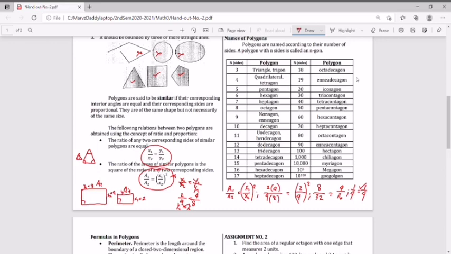A 10-sided polygon is a decagon. We have 50, pentacontagon. Icosagon, 20 sides. Triacontagon, 30. We have a 400-sided polygon, that is hectagon. And a polygon with 10 to the power 100 sides, that is googlegon.